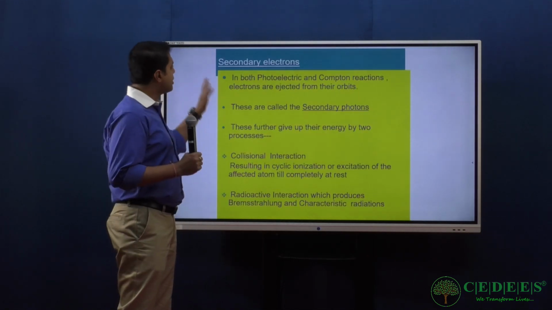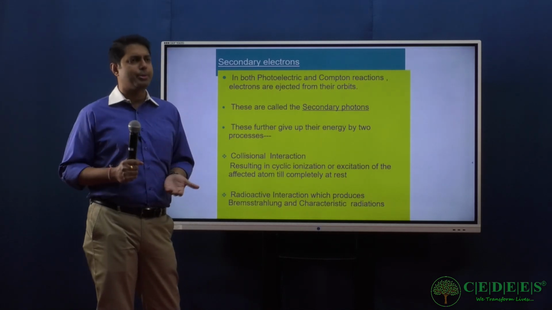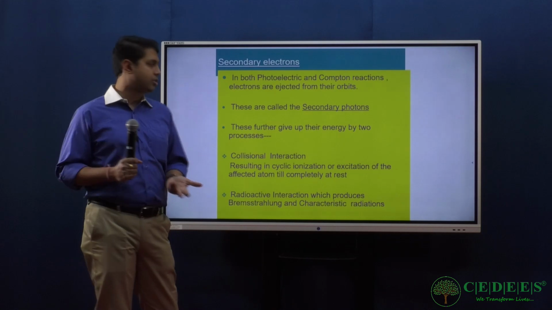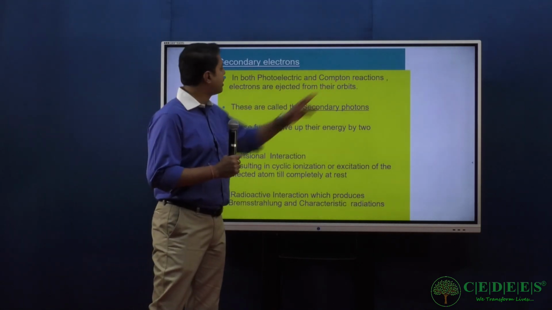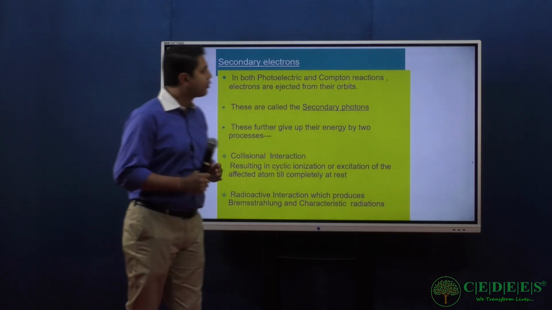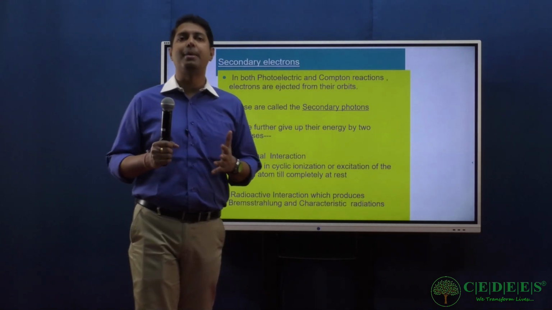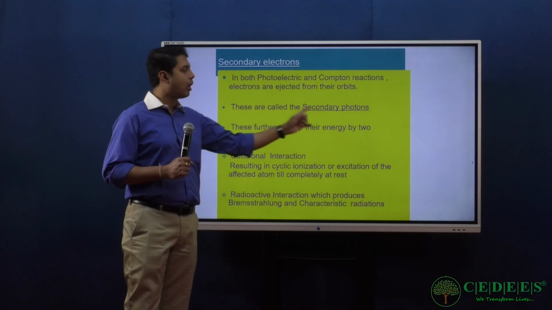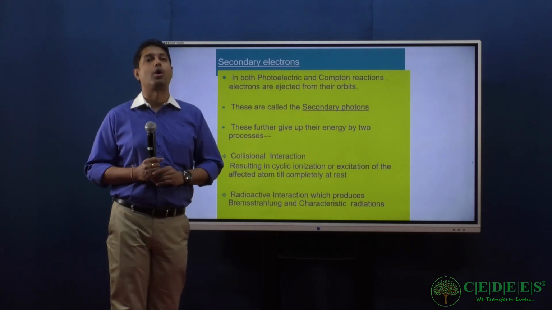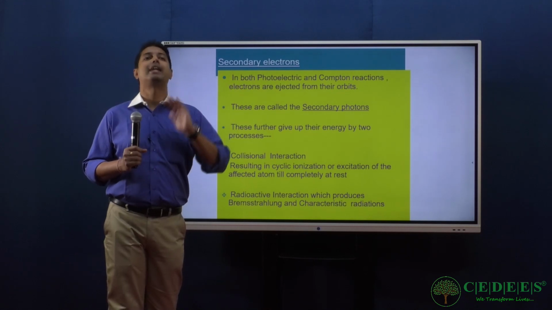Then the concept of secondary electrons came. Secondary electrons can sometimes be asked in viva or maybe a 2-mark question. You just need to know that in both the photoelectric and Compton reactions, electrons are ejected from their orbits. When the electrons are ejected from their orbits, we were calling them recoil electrons. The same recoil electrons are also called secondary electrons, because they are knocked out by the primary or incident X-ray photon.